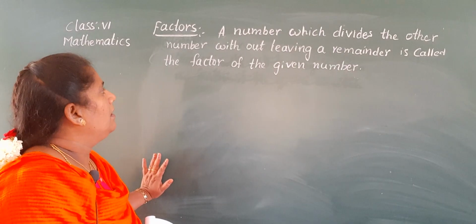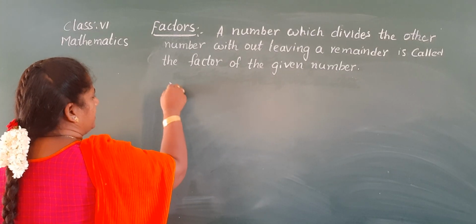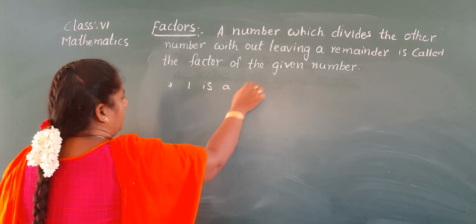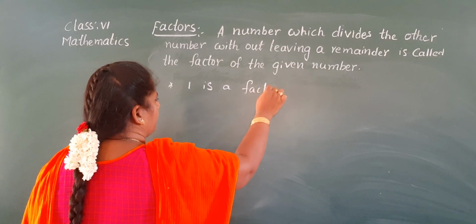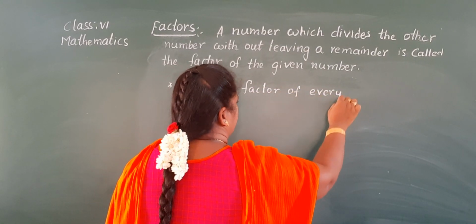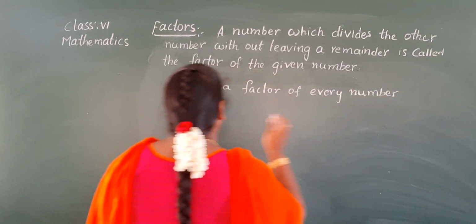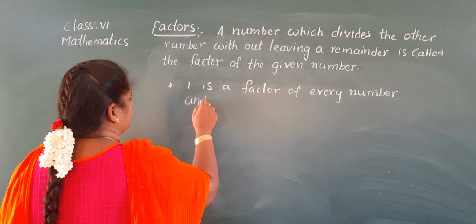And 1 is a factor of every number. Some points I will give. 1 is a factor of every number, and it is the smallest factor.